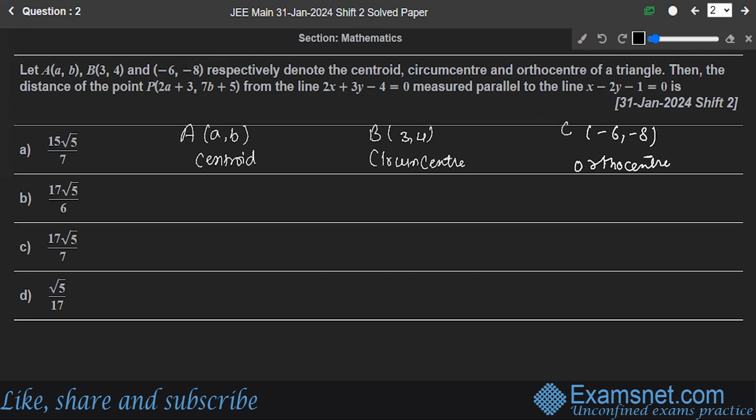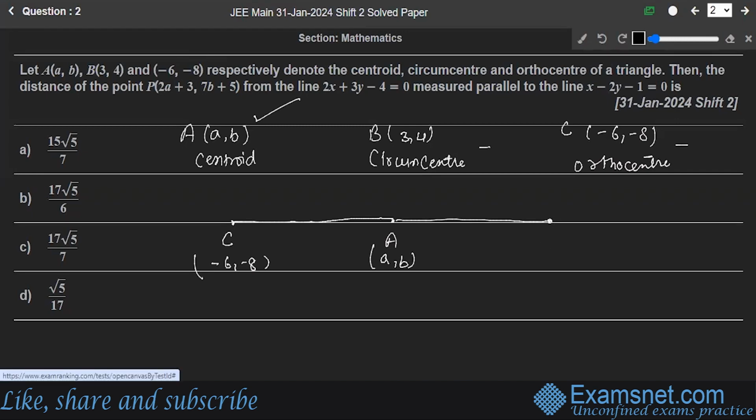orthocenter. Now, you know one thing, that the centroid divides the circumcenter and the orthocenter in the ratio 2 is to 1. That means the centroid, if I take it over here, this is the point A, B, this is the centroid, divides your orthocenter and your circumcenter, which is given by this point, in the ratio 2 is to 1.